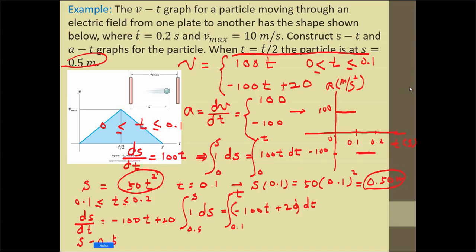That equals the antiderivative of negative 100t, that is negative 50t squared. Antiderivative of 20 with respect to t is 20t.